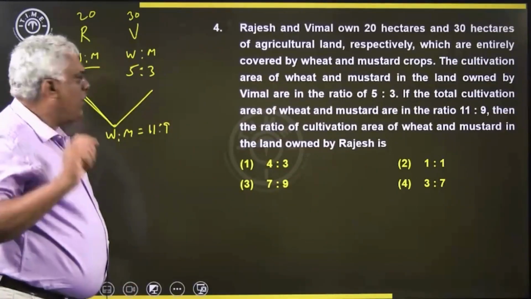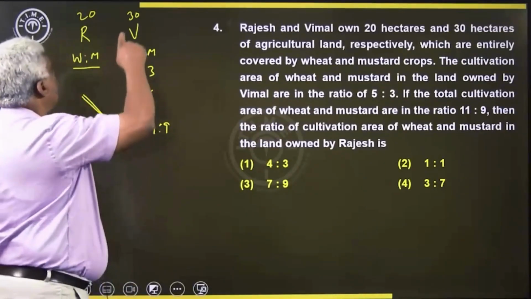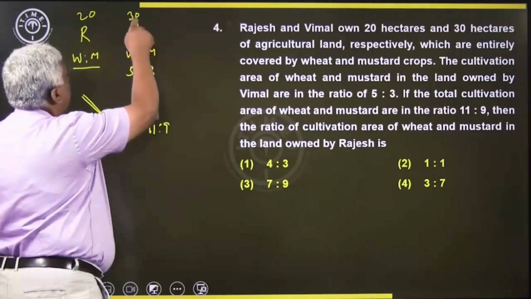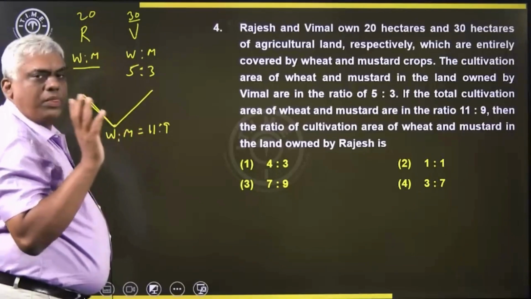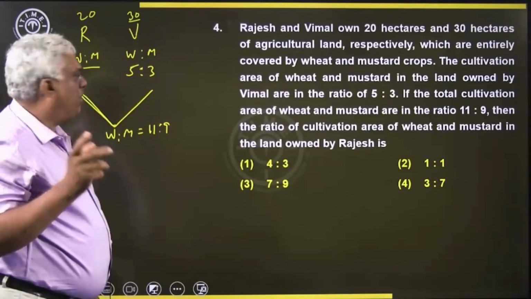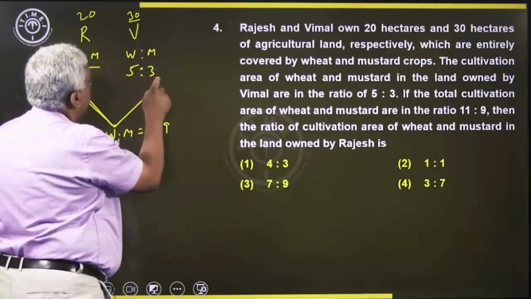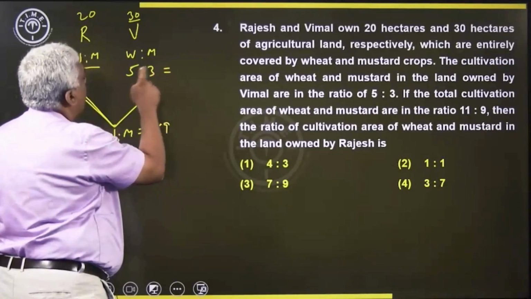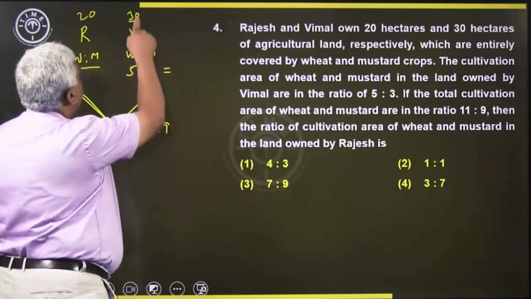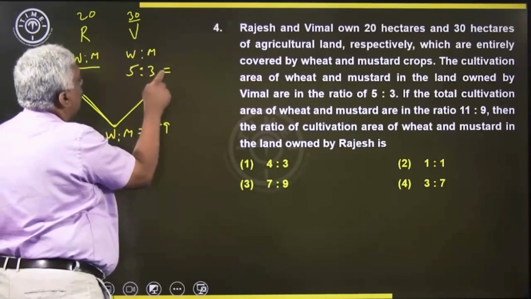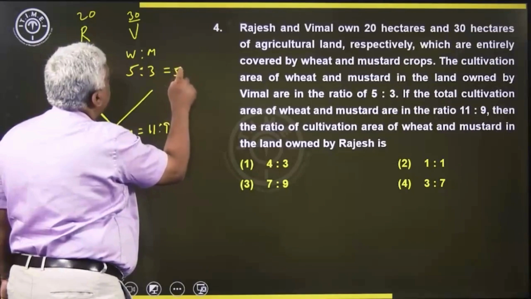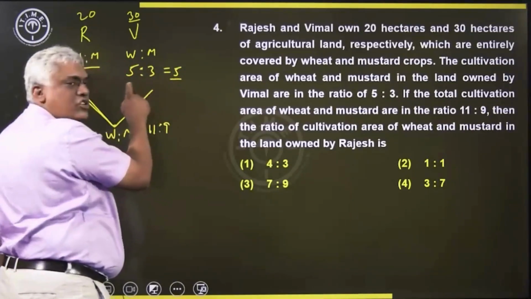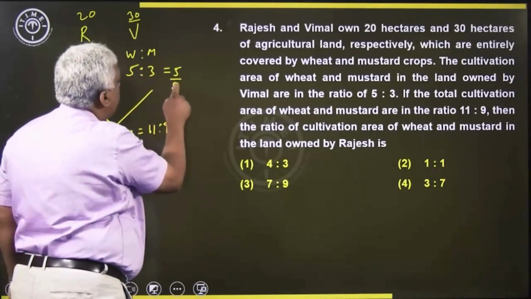Now, what we can do is, we know that the total area for Bimal is 30. We can find the land cultivated by Bimal. Bimal's wheat will be 5/8 into 30, since the ratio is 5:3.